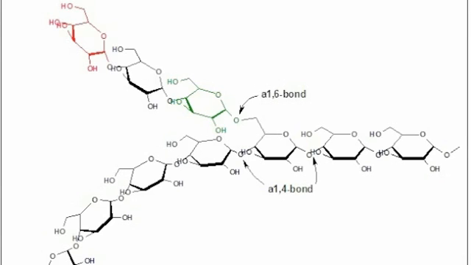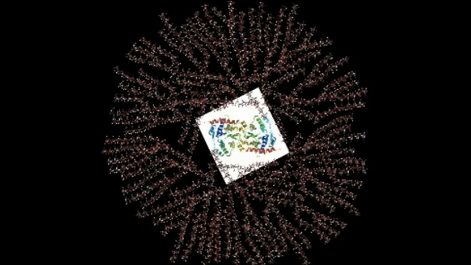Then the red molecule of glucose is a non-reducing terminal, which will then be attacked by enzymes in the real process of glycogenolysis.